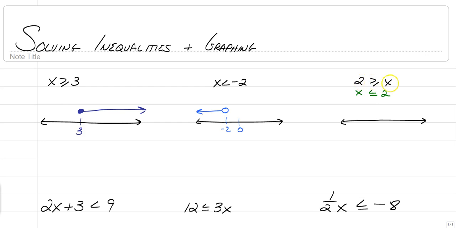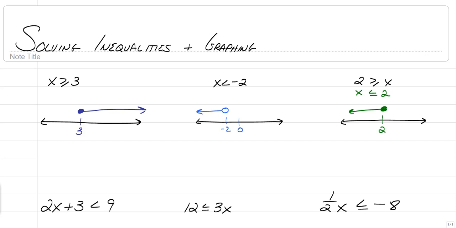So if 2 is greater than x, that means x is less than 2. In this case, we have an equal to, so we're going to have a 2, and x is less than or equal to, meaning you fill it in, 2. All right? So that's how you graph a basic inequality.